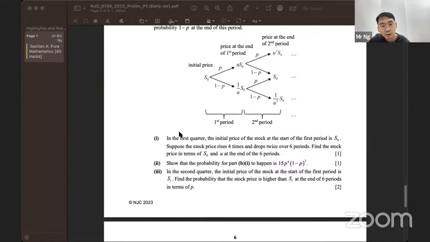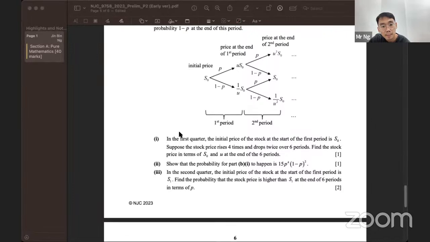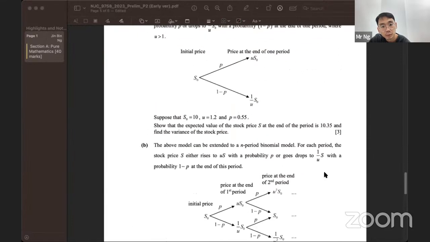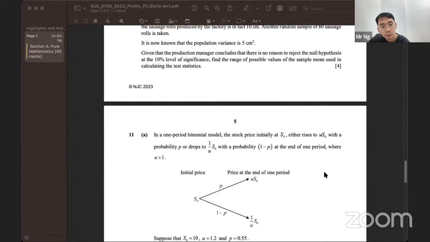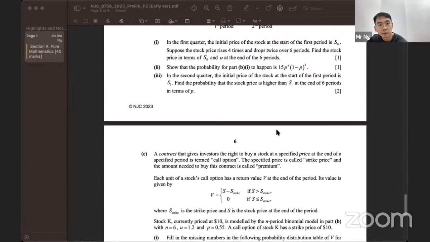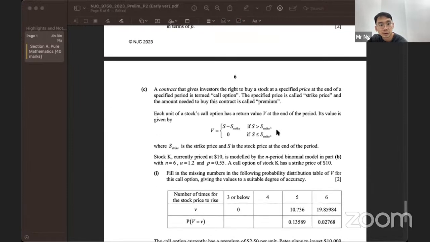What is this S1? The contract gives the right to buy a stock at a specific price at the end of the specific period, and it is called a call option.